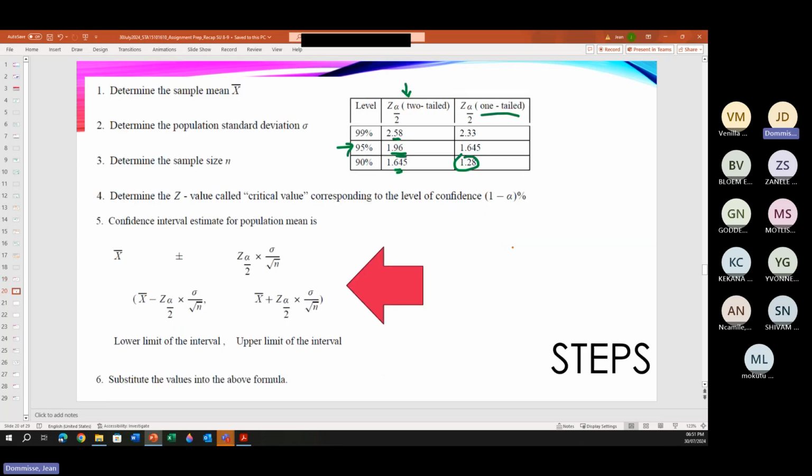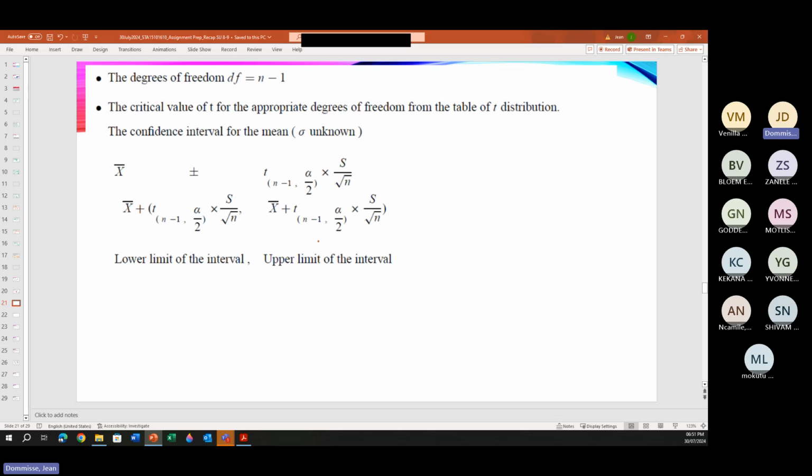Okay, so with a confidence interval, let's just recap: you will always have the Z with a standard error, or if it is unknown, it is the T with a standard error.